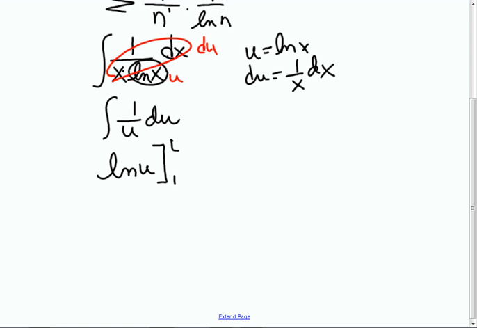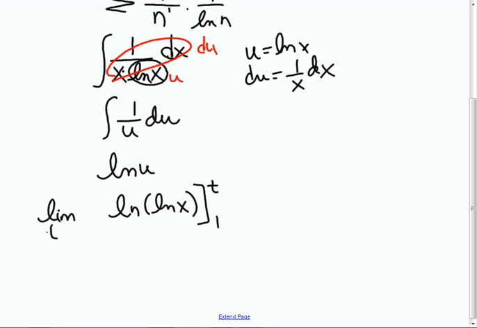Well, we have to go back first. It's the ln of u, but what's u? It's the natural log of the natural log of x, and we're going to evaluate it at 1 and t, and take the limit as t goes to infinity. Are you confused on the integral?